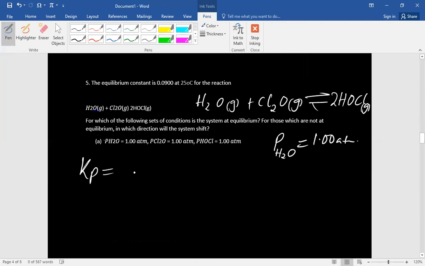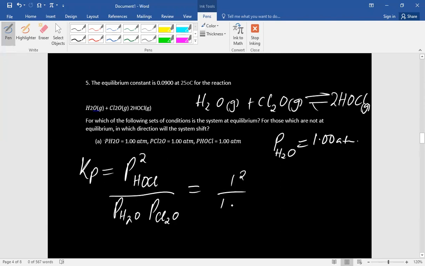From that reaction, it's the partial pressure of Cl2 squared over the partial pressure of H2O times the partial pressure of the other gas. Here, all the partial pressures are given as 1 atm throughout. So this will be 1 squared over 1 times 1, and that gives us 1. So the Kp is just 1 there.